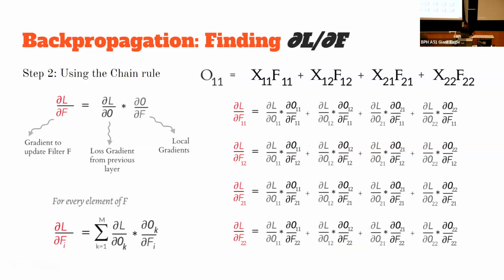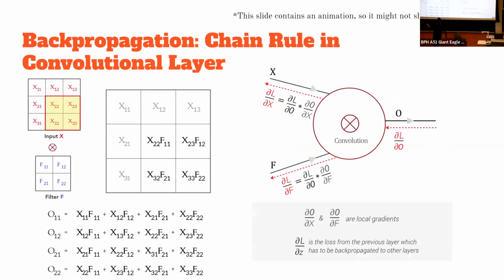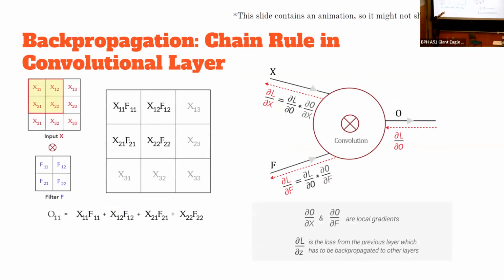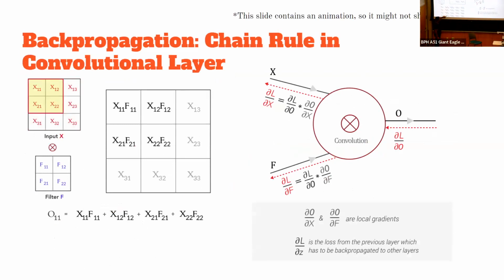Now comes the part where we try to find the derivatives of the loss with respect to f11, f12, f21, and f22. Remember, we have 4 parameters in our filter. We need to compute the derivative of the loss with respect to each parameter of the filter so that I can update each parameter with its corresponding derivative. I'll just go back quickly. If you look at these equations, f11 appears in 4 of them. The f11 weight acts on x11, x12, x21, and x22, and we have 4 outputs based on that.